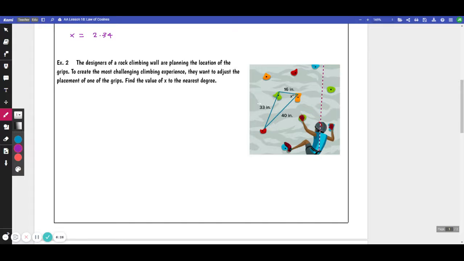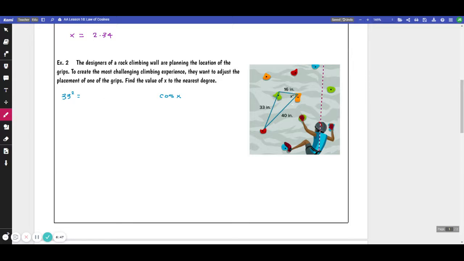When I set it up, the side squared, so 33 squared, equals, on that other side, cosine of the corresponding angle. The angle is x. In the inside are the other two sides.